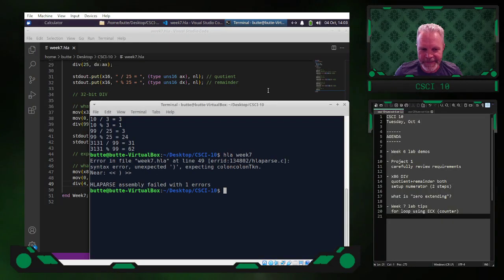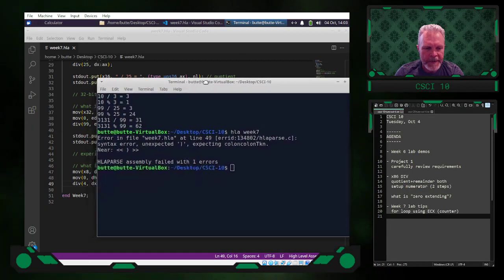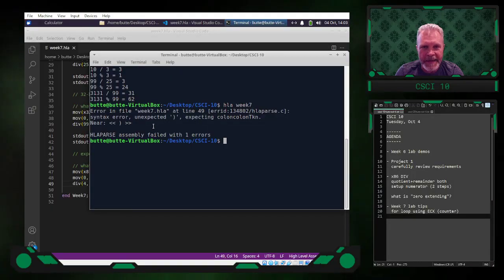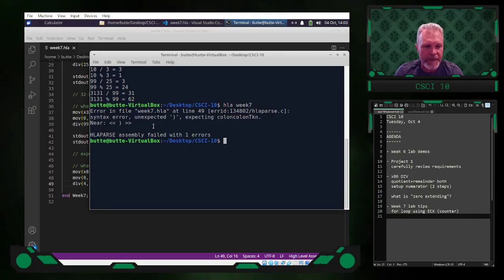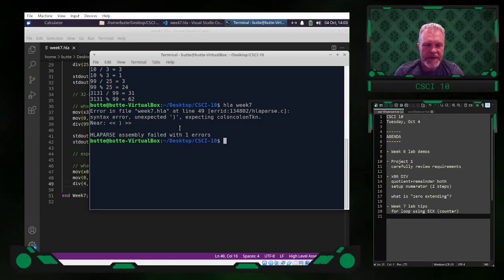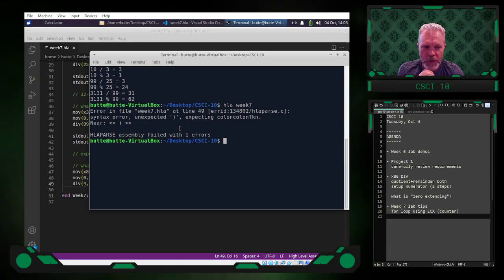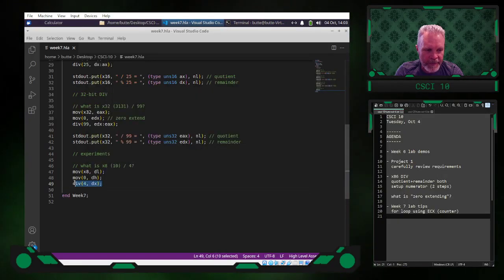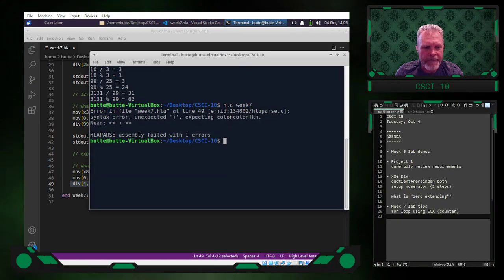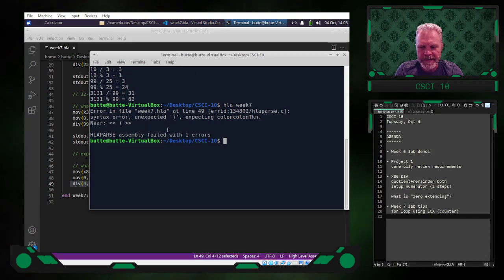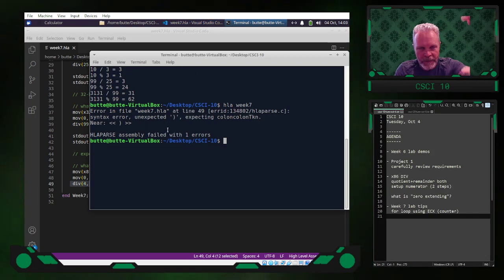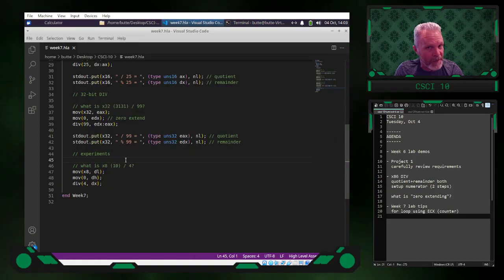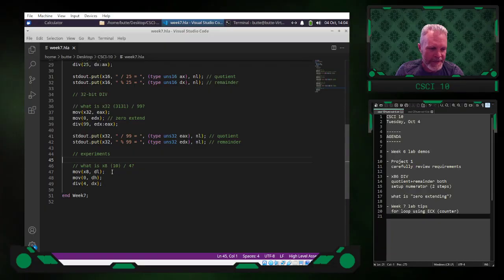I cannot. So line 49. Unfortunately, the error doesn't say anything about, hey, you can't just make stuff up around div, which would be nice if it did. So I'm running this error just to show you that line 49 is a div, and if I get any kind of error on a line that has a div instruction on it, then I need to go back and review the entire process and make sure that I am respecting all of the stuff that I'm supposed to respect.